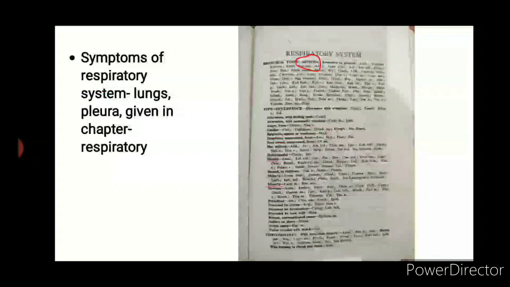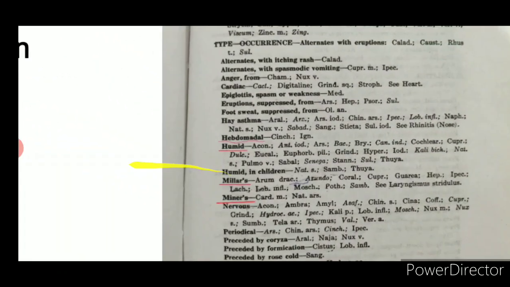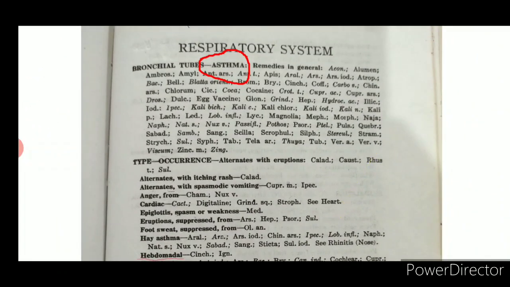The symptoms of respiratory organs like lungs, pleura are all given in respiratory system. So in this respiratory system, you will also find the location starting from your larynx, bronchi, etc. Okay, so in the throat chapter you will only find the rubrics pertaining to the organs up to the pharynx.